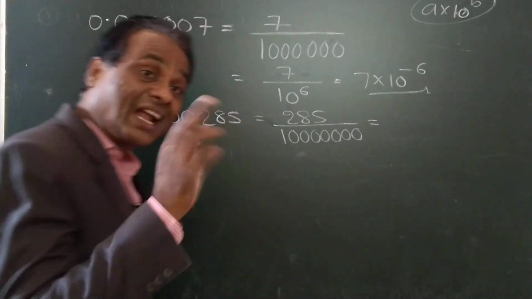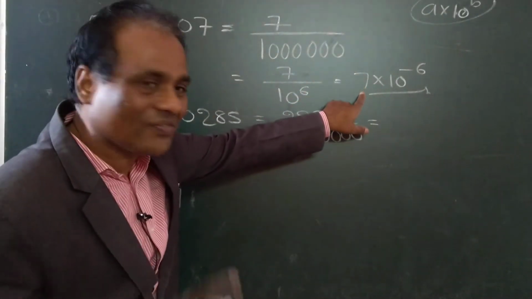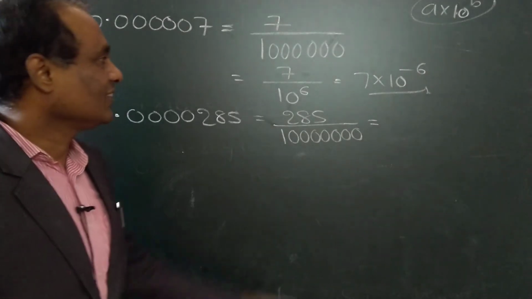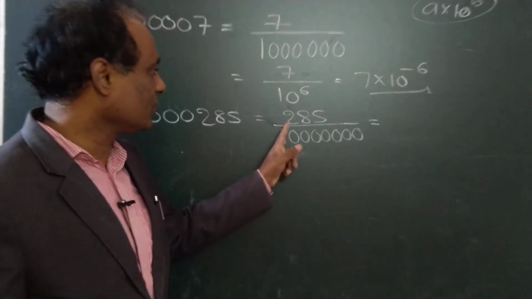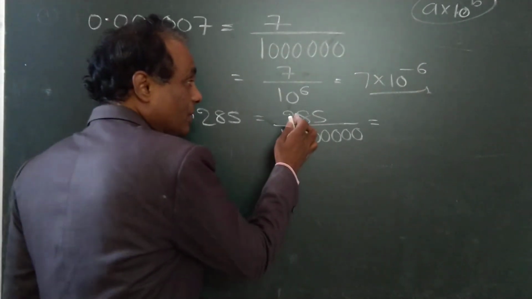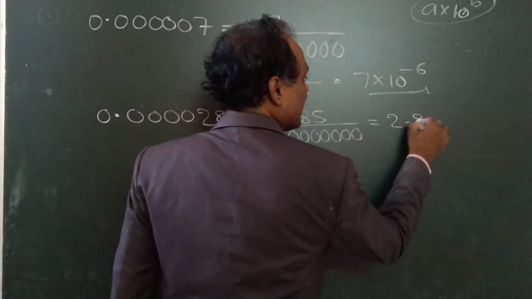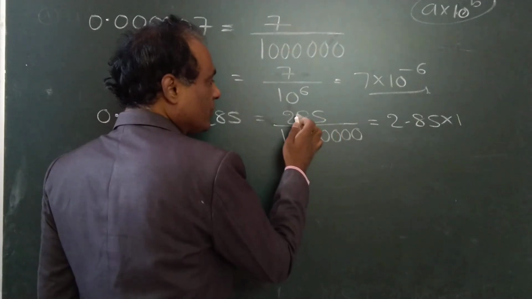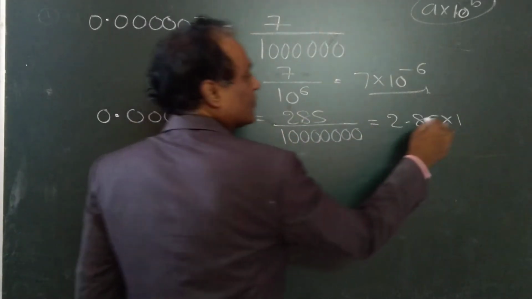But standard form means there should be only one digit. But here 3 digits are there. Standard form means only one digit, so there should not be 3 digits. So decimal should be here. 2.85 into, after decimal 2 digits, if you are putting the decimal, we will get 2 zeros in the numerator.